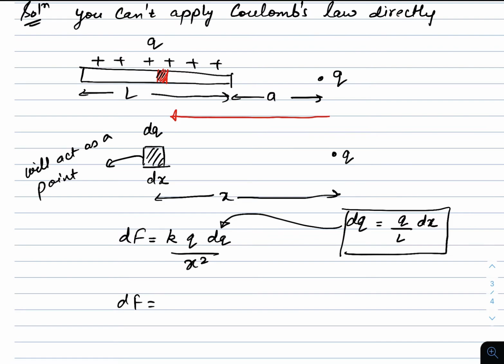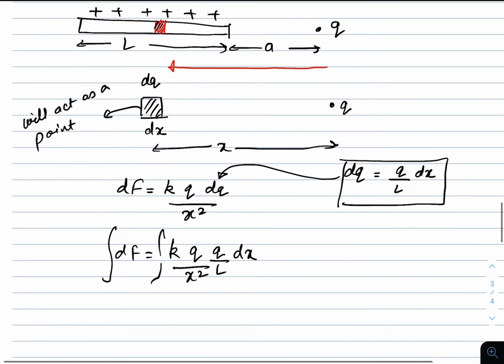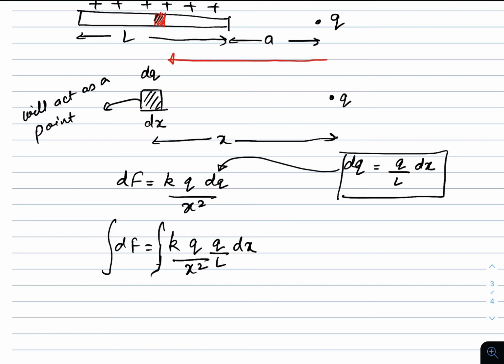dq can be substituted here directly. So dF comes out to be k q into Q by L into dx divided by x square, and I have to integrate both the sides. F comes out to be k q Q by L, which is constant and will come out of the integration, and we are only left with dx by x square.